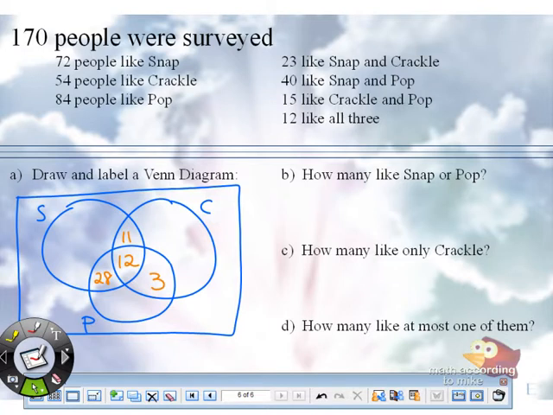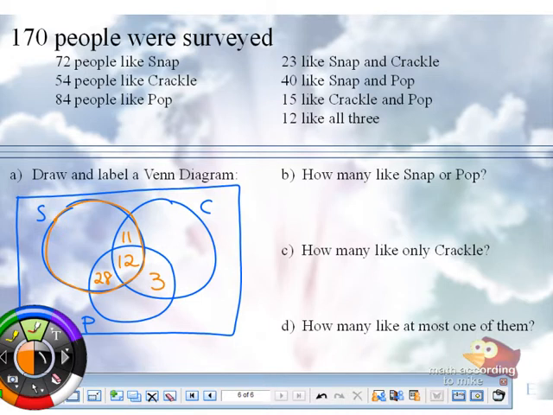That means the Snap circle, this guy here, needs to add up to 72. Notice now we're only missing 1 number. So now we can find that remaining number. So if you add 28 and 12 and 11 and subtract from 72, how many does that give you? 21.